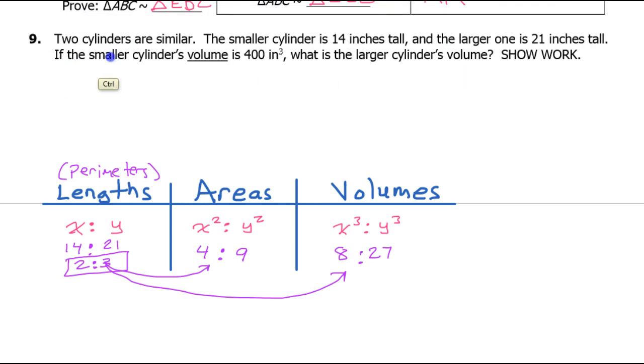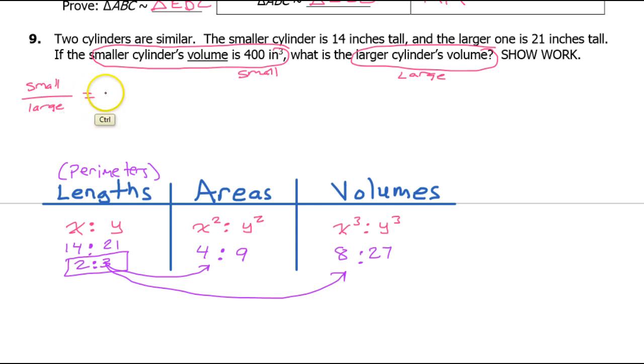Alright, if the smaller cylinder's volume is 400, so this is the small volume, what is the larger cylinder's volume? The trick is to set up your equation in the form small over large is equal to small over large.